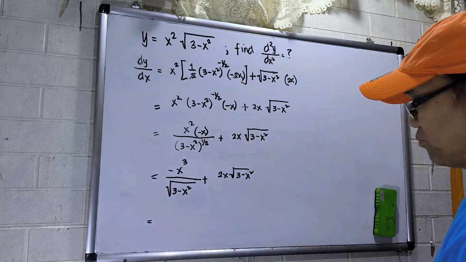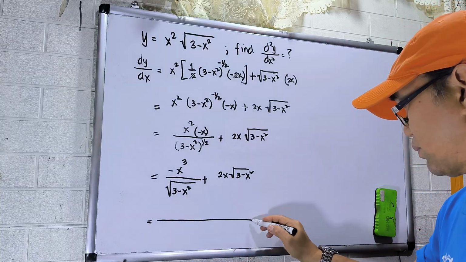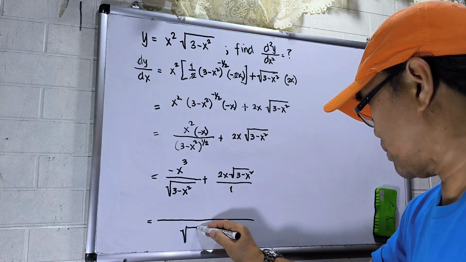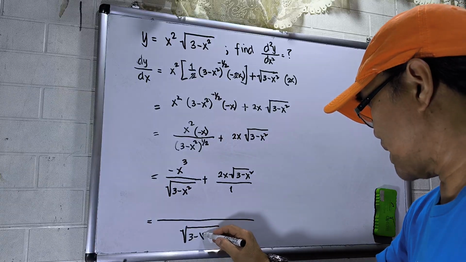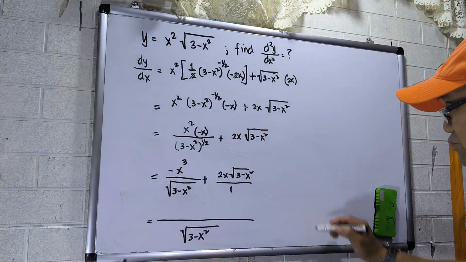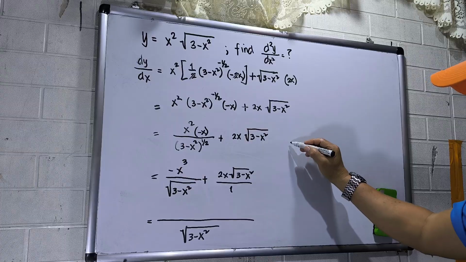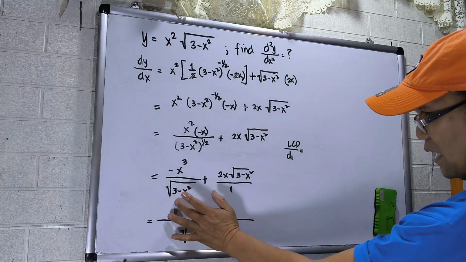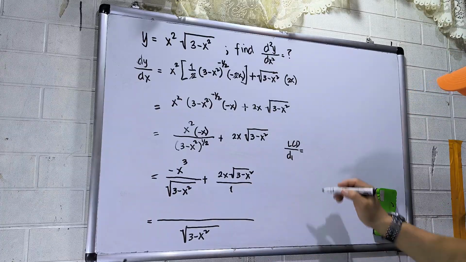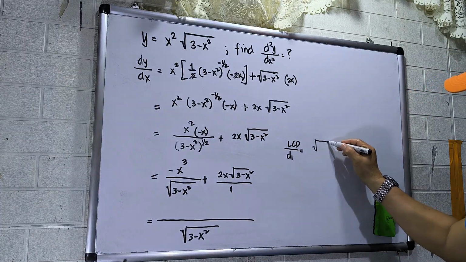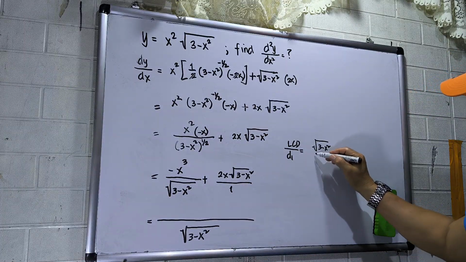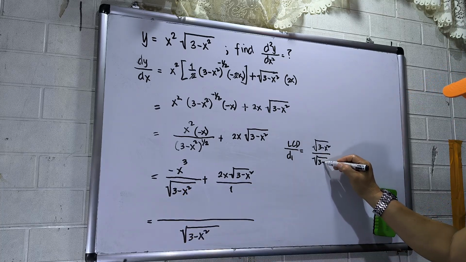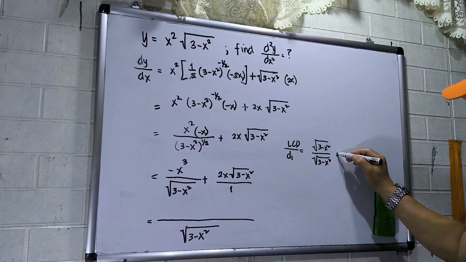Then I will find the LCD. So LCD will be this one. Understood that there is one in here. So LCD will be square root of 3 minus x squared. Okay. LCD divided by first denominator. So this is denominator 1, denominator 2. So LCD, square root of 3 minus x squared, is divided by denominator 1, which is square root of 3 minus x squared. So divide, that will be 1.